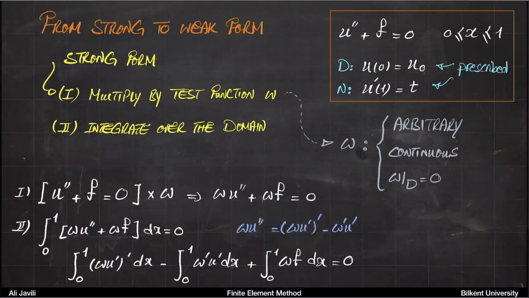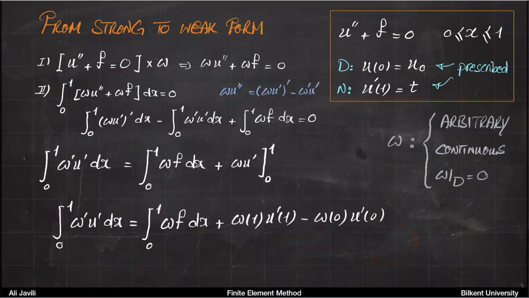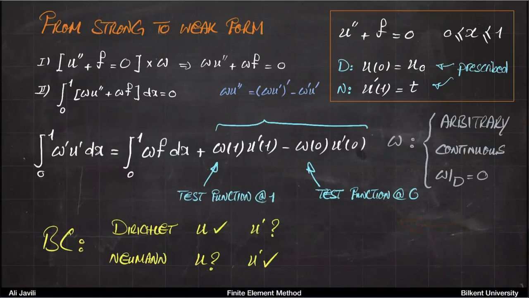You multiply your differential equation by that test function. You integrate that. You do this integration by parts, which basically comes from this formula. And then if you go through the integration, you end up with this form, which we can also write like this.